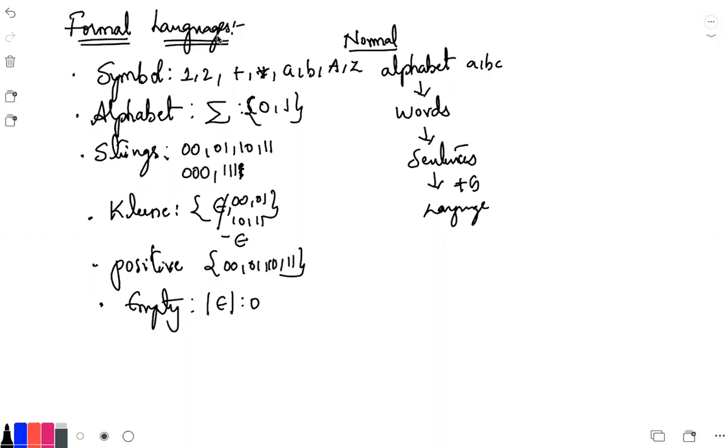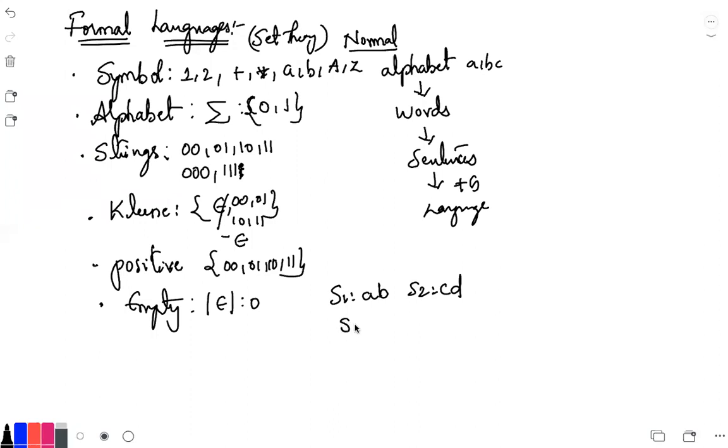So basically, all the basics of the set theory that you might have studied in your mathematics in schooling or +2 level, the same stands for formal language also. The same properties of union, concatenation, the associativity, all the same things will be applicable to formal language also. For example, string 1 is AB, string 2 is CD.